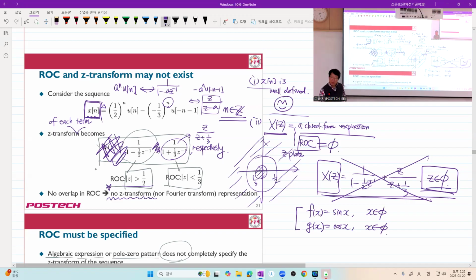But for convenience, some people say that this is the Z transform and that is the ROC. Sometimes I agree and many times I don't agree. Anyway, got it? So this is an example with these two basic examples showing that some well-defined discrete time signals may not have a Z transform. So the Z transform is not always well-defined. Got it?